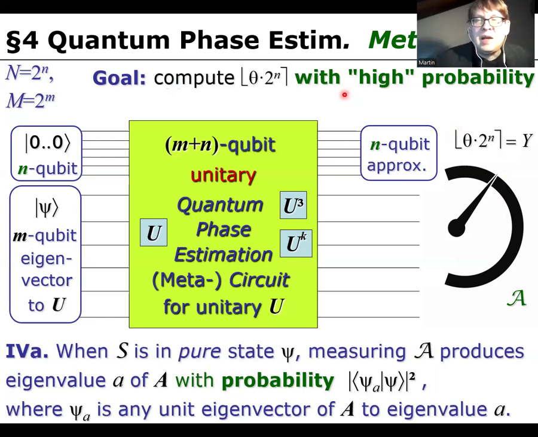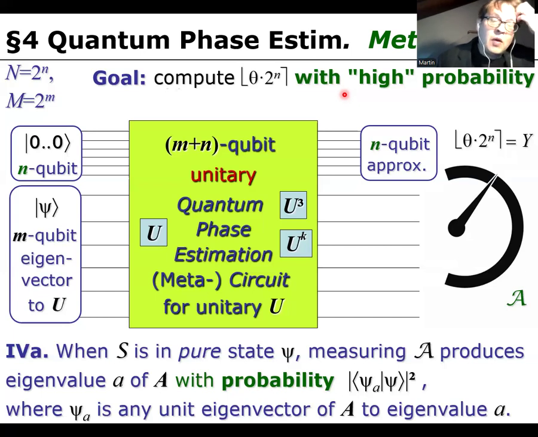As you may recall from randomized algorithms in the classical setting, it suffices to have some sufficiently large probability. Actually, we're going to achieve probability 40%. And if that's not sufficient, then we repeat the same process and simply take the majority using probability amplification techniques that you already know from traditional algorithms.